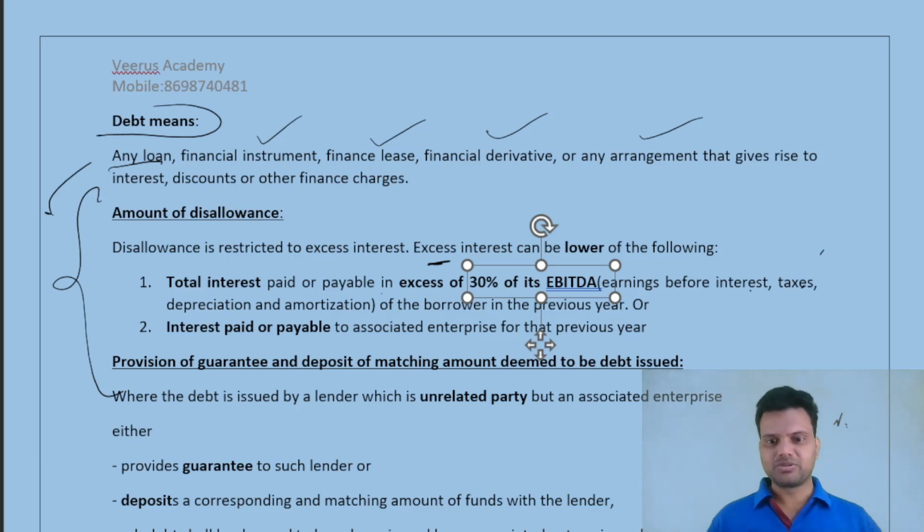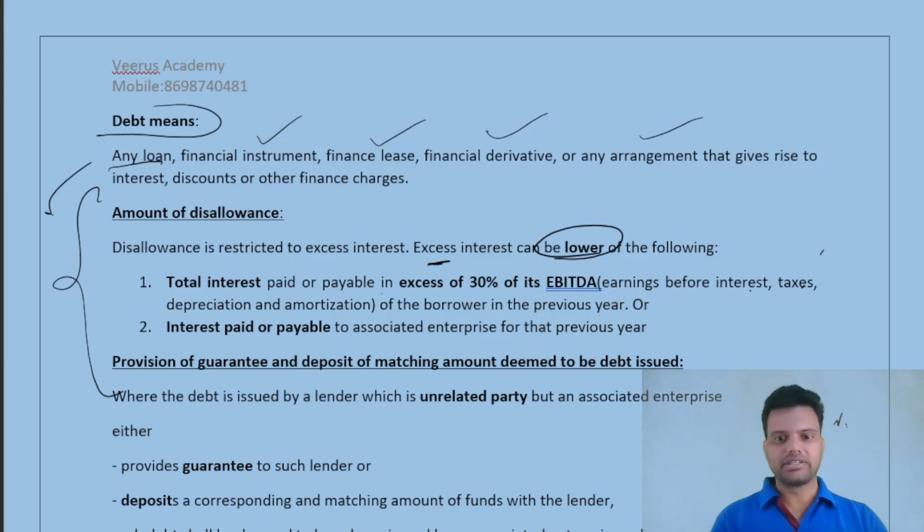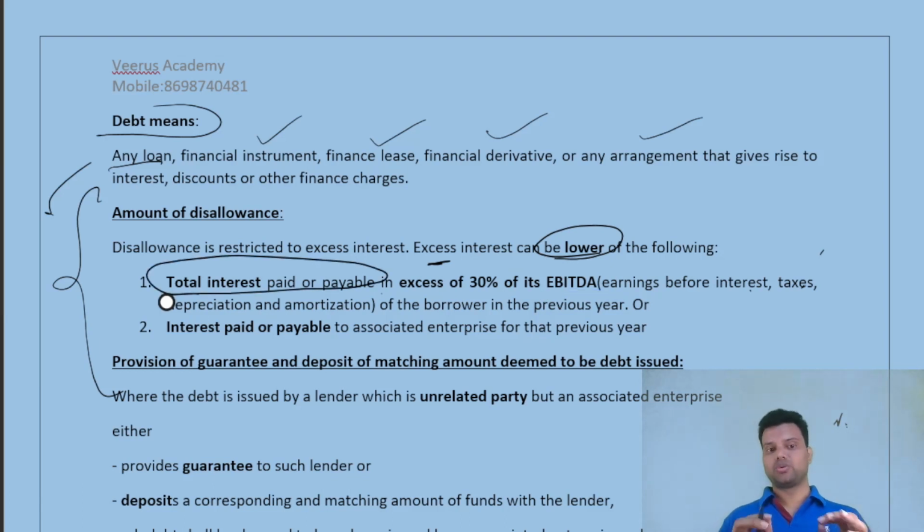Now the question comes, what is excess interest? Excess interest is the lower of the following. First, total interest paid or payable. Note that this is the total interest, not just the interest between the associated enterprises. It covers all the loans on which this associated enterprise is paying interest, whatever interest portion is debited to the P&L.